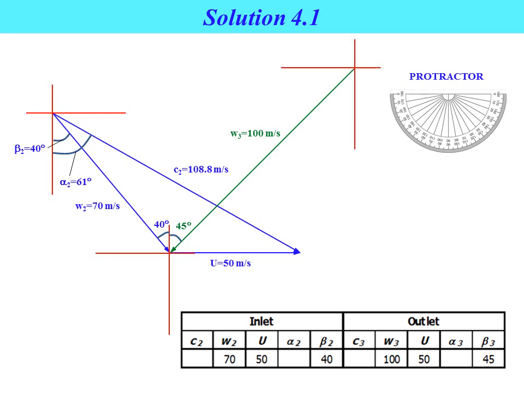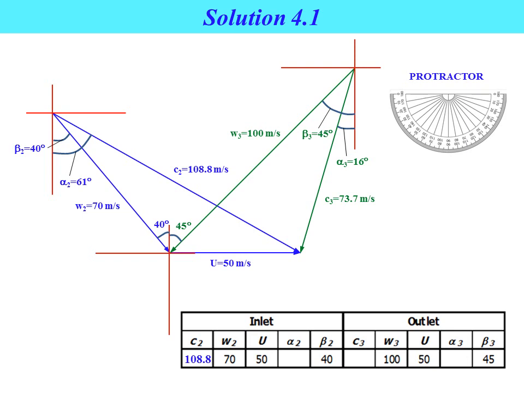By implementing the vector concept, we know that the W3 vector plus the U vector will be equal to the resultant vector C3. If you measure the length by using a ruler and convert by using the given scale, the absolute velocity C3 is equal to 73.7 meter per second. And if you measure the angle, alpha 3 is equal to 16 degree.